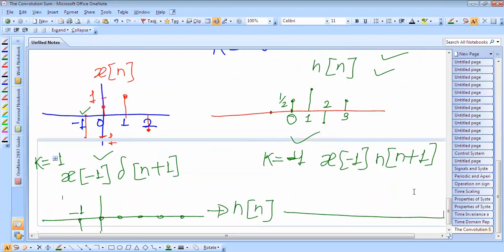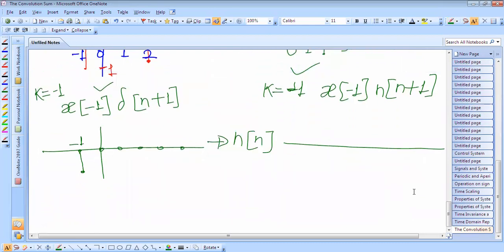So we can write the impulse response like this, shifted toward the left, and at the same time we have to multiply it by x of k. So it will be minus 1 into the shifted response.